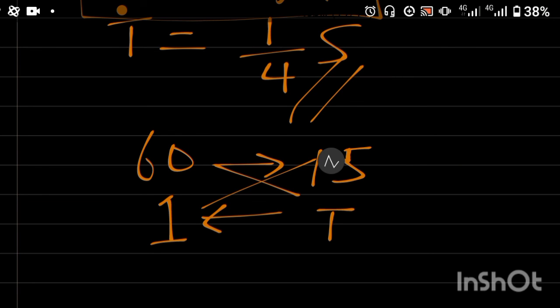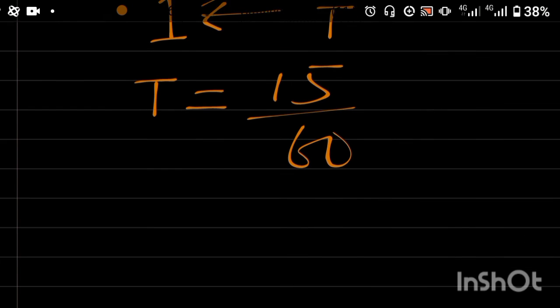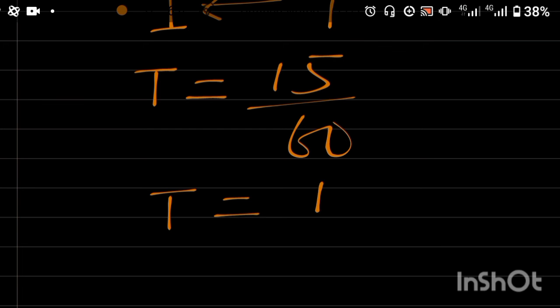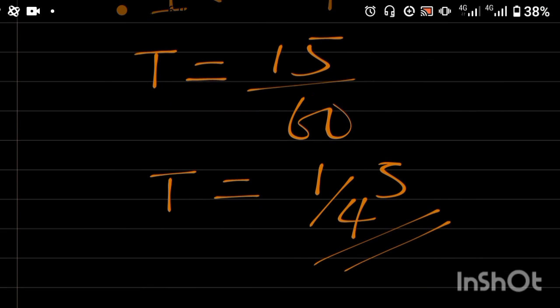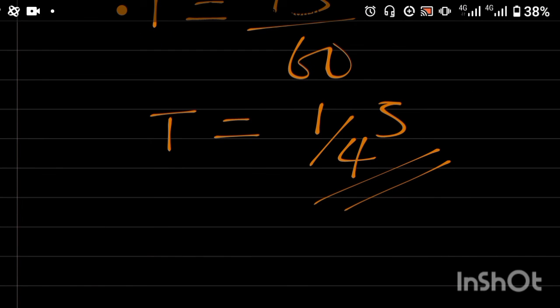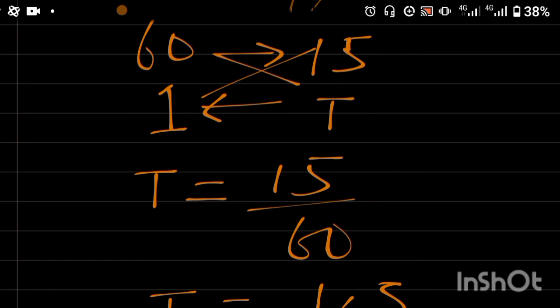Then we cross multiply. From this, I have T is equal to what? 15 times 1 over 60. Therefore, I have my T to be equal to 1 over 4 seconds. Using this relation, I don't need to calculate my angular velocity before I calculate my period. What is the time that will be required to complete one revolution?